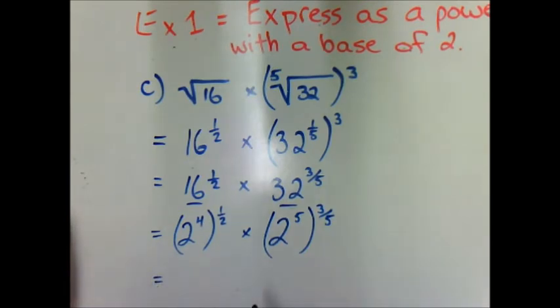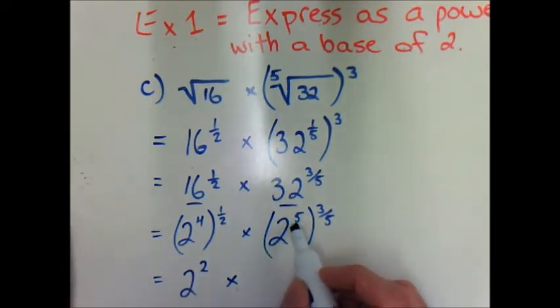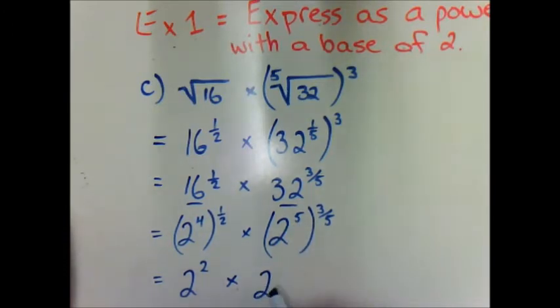And now again, by the rule of exponents, I can just multiply my exponents together, which gives me 2 to the power of 4 times a half, which is 2, times 2 to the power of 5 times 3 over 5. Well, that's simply 3.